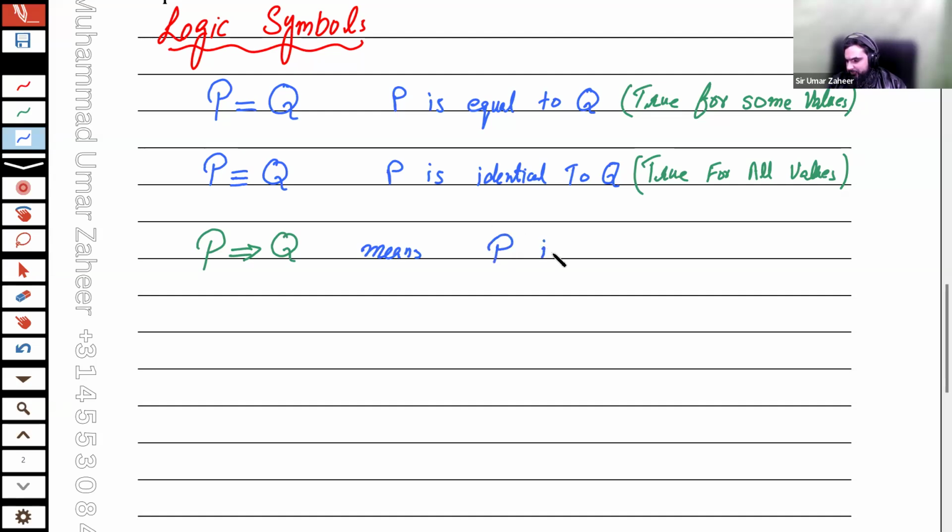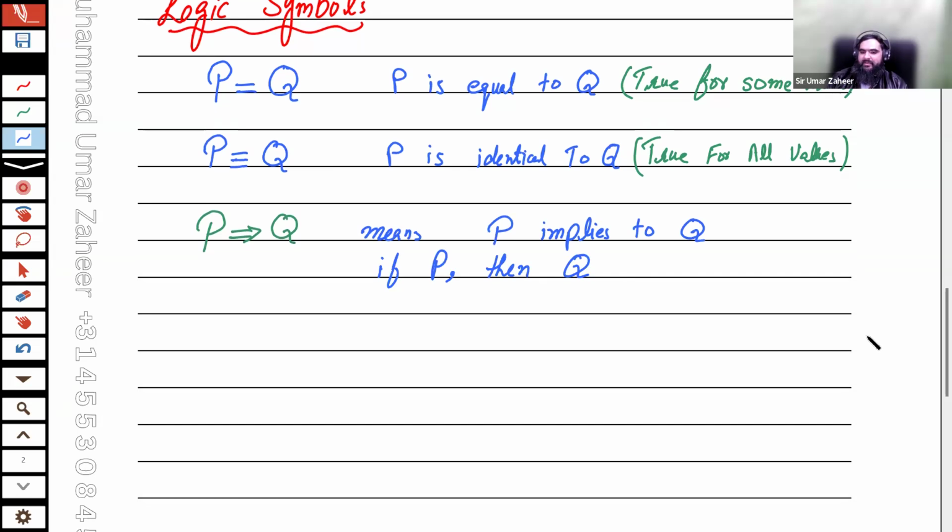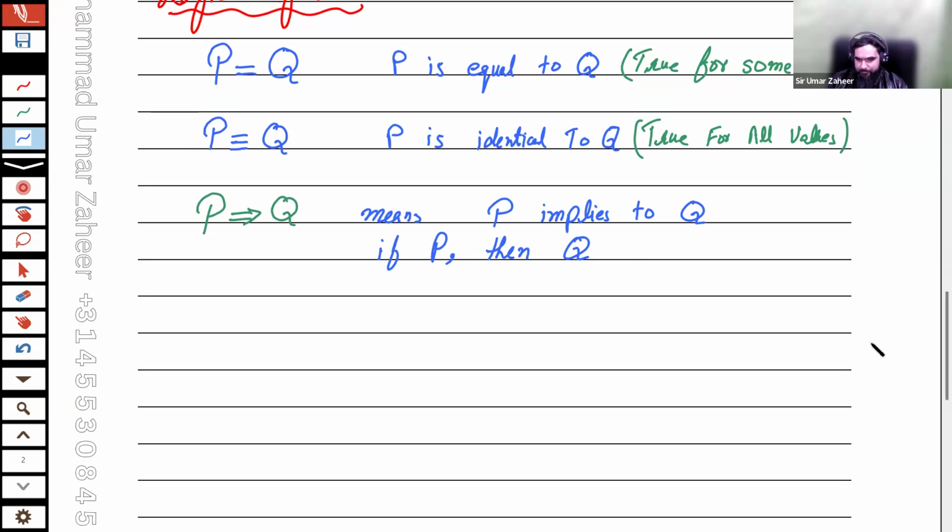P implies Q. Or in other words, if P, then Q. What does it mean? Let's try to understand it.